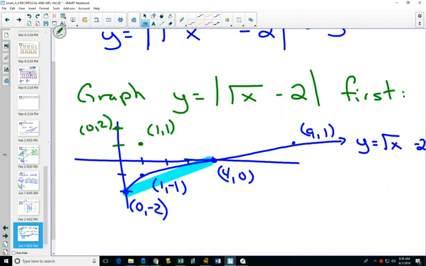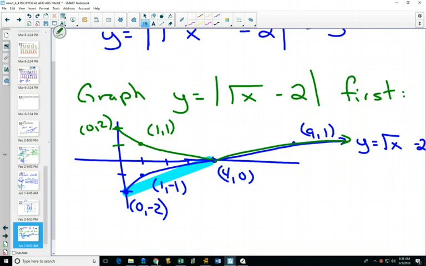And this part that's underneath will get reflected above, because that's what an absolute value does. It takes all of your negative y values and reflects them over the x-axis. And this part that was positive will stay. So it is a weird looking little graph right now, because it's got that part that reflected up.